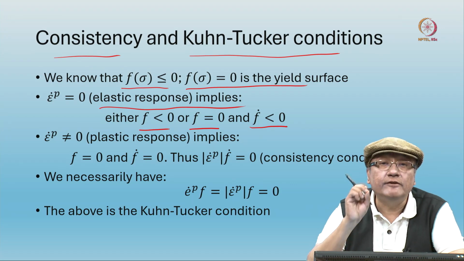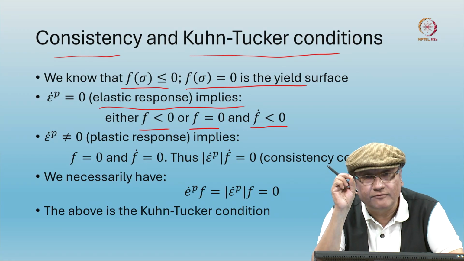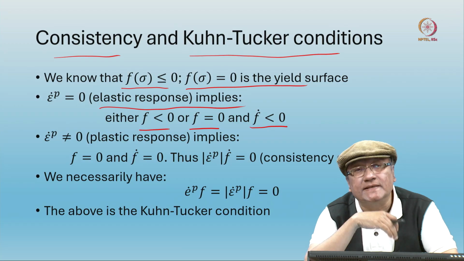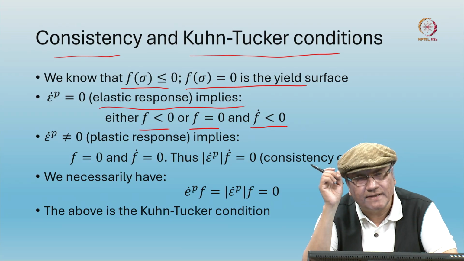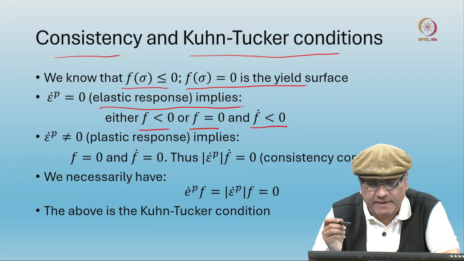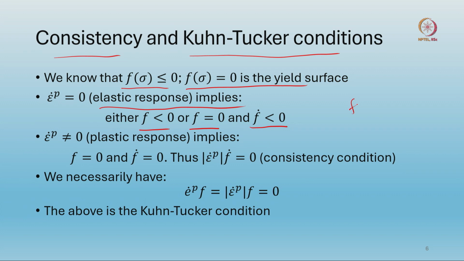That means if you move the time even by the smallest bit forward, then you will leave the yield surface. Because f dot is less than 0, by a simple Taylor's expansion, f at time delta t is equal to f0 plus f dot 0 times delta t, you understand.